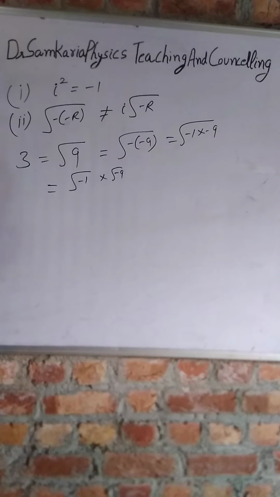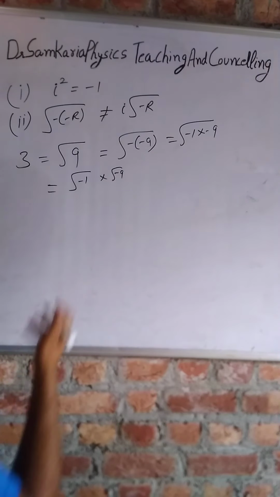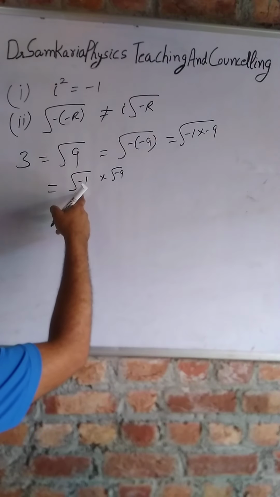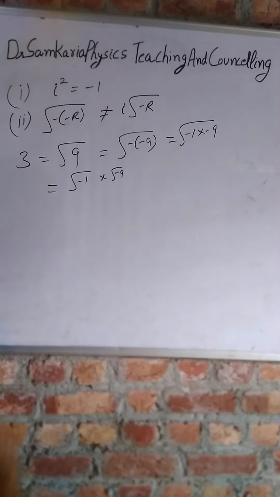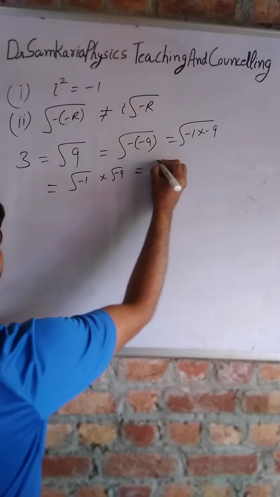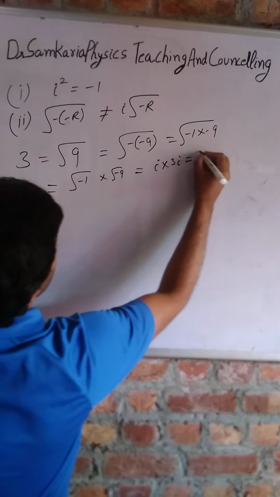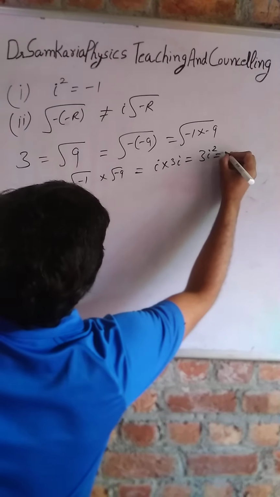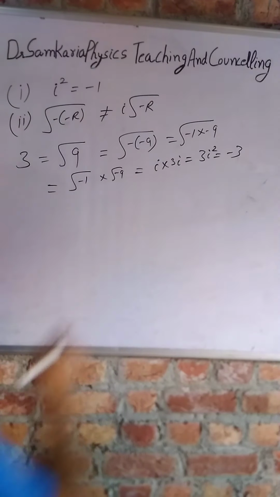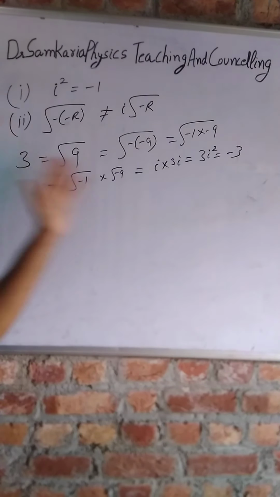Now we have previously proved that square root of -9 is 3 iota and square root of -1 is iota. So this can be written as iota into 3 iota. So this is 3 iota square, which is equal to -3, because iota square is -1. So we have proved that 3 is equal to -3, which is not possible.